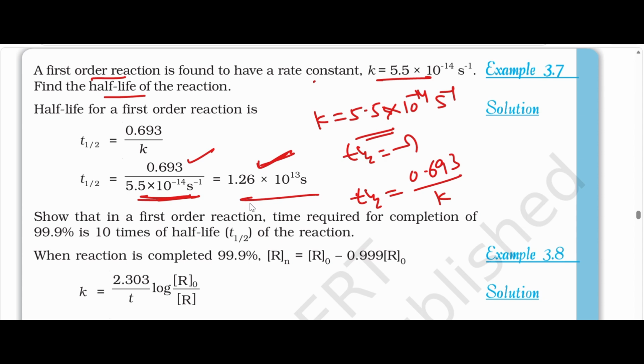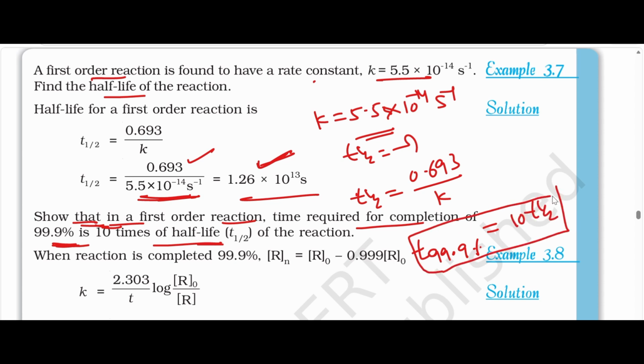Similarly, they are asking one more question: show that in a first order reaction the time required for the completion of 99.9% is 10 times of t half. So what he is asking is to show that the time taken for 99.9% is almost 10 times t half.